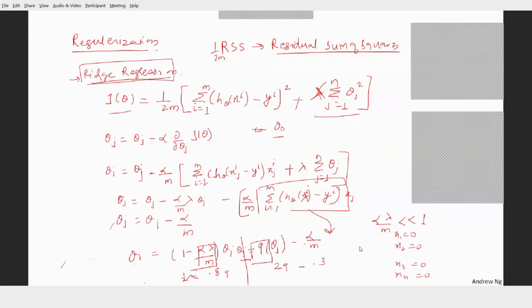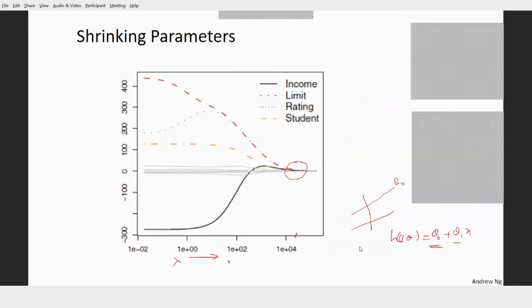So it is not allowing our theta values, which are the coefficient values, to be very large in magnitude. So what it does, we are adding a penalty term or shrinking term.